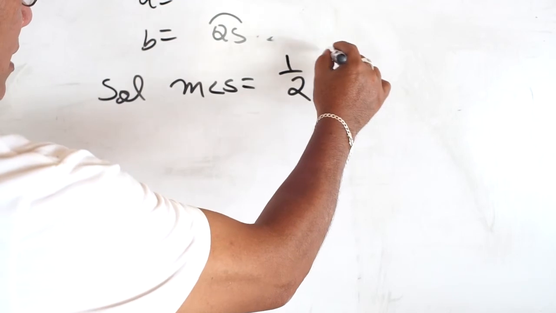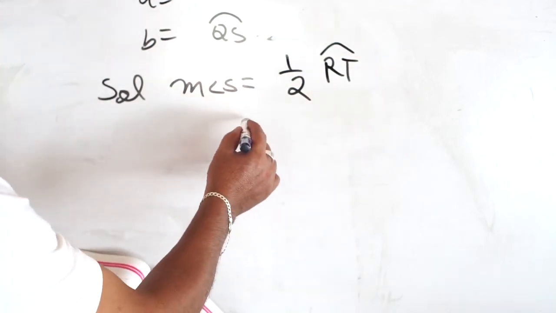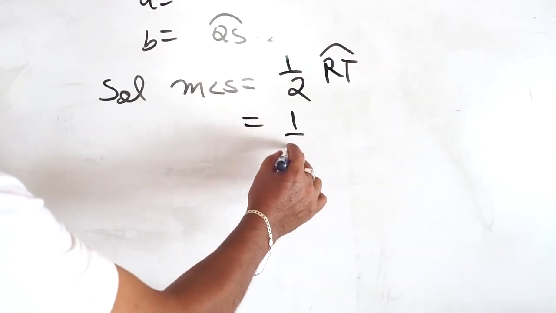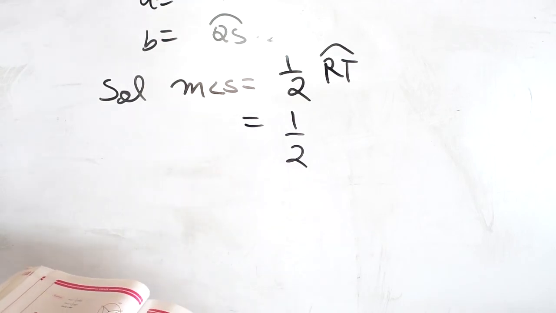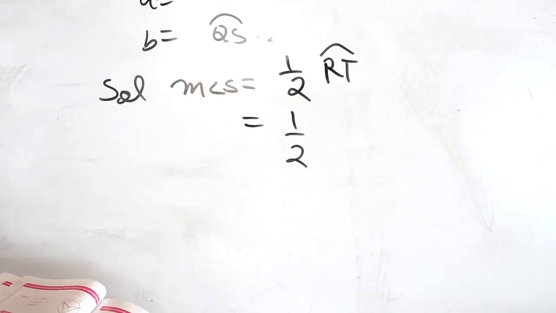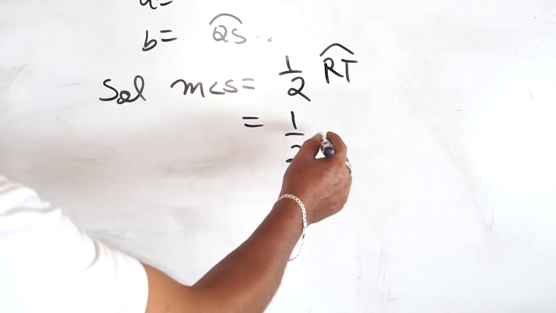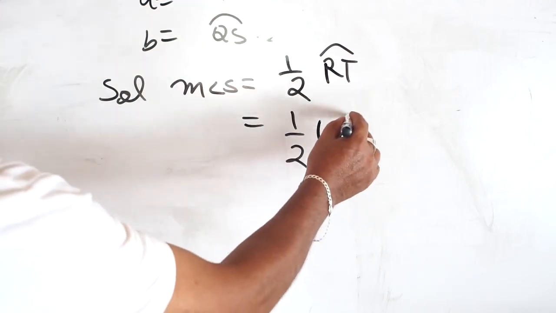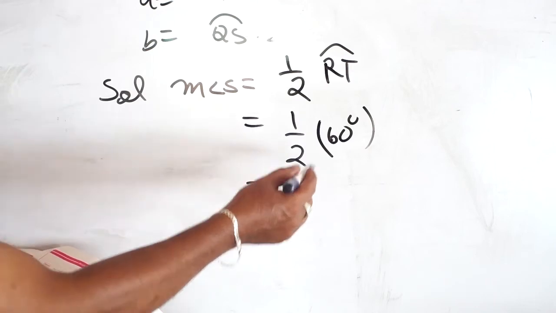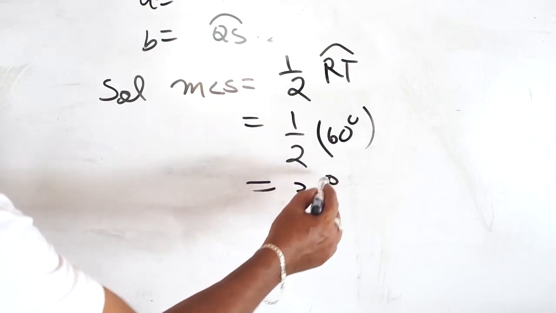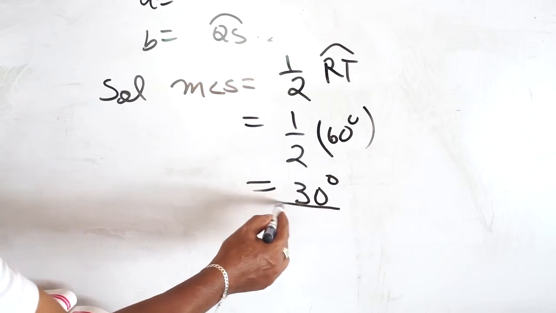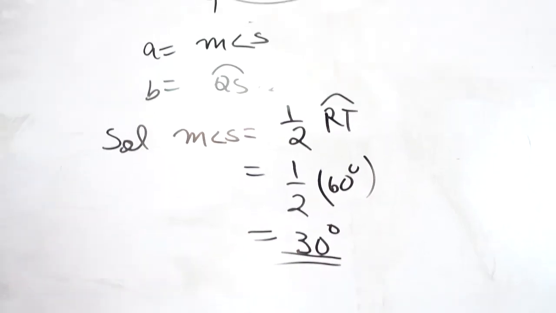So we have 1/2 multiplied by 60 degrees. Okay, so 1/2 of 60 degrees is 30 degrees. So this is now the measure of angle RST.